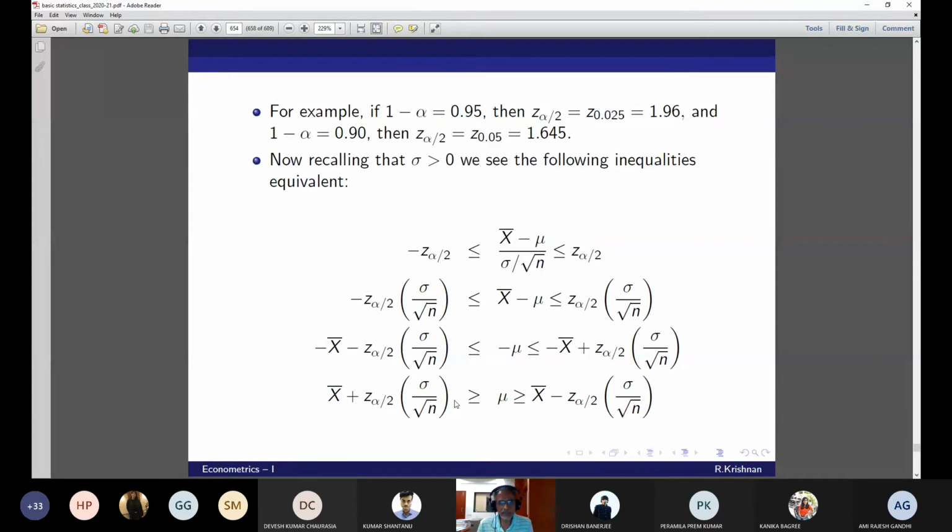The two-tail 10% critical value is 1.645 on both sides. So that is what you have to remember. When I say 1.96, I have used the 5% level, and invariably I have used only a two-tail test. All these things you have to get used to. Now, recalling that sigma is greater than 0, we see the following inequalities are equivalent. You go through this very simple adjustment only.